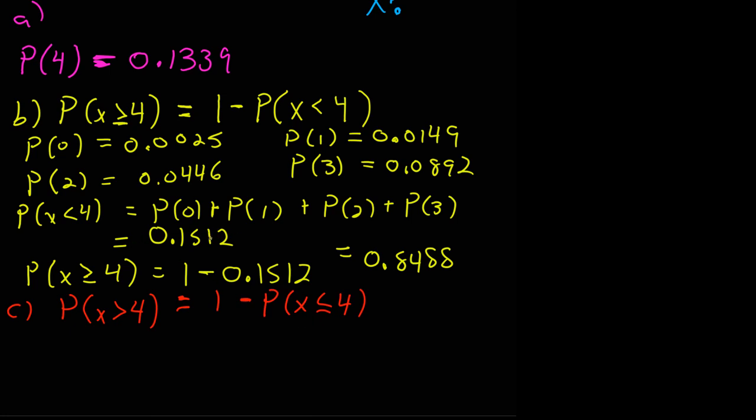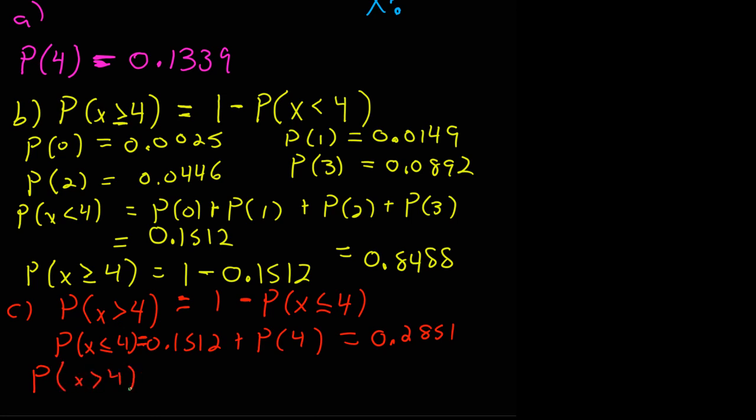Well, luckily I have this number here already, so I just need to add to the 0.1512 my probability of 4, which we did in part A. And that, with my handy calculator here, gives me 0.2851. So my probability of x being less than or equal to 4 is this. And so my probability of x being greater than 4 is 1 minus 0.2851. And that gives me a probability of 0.7149.